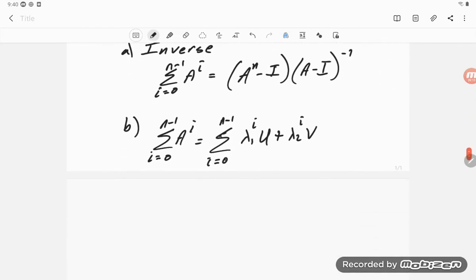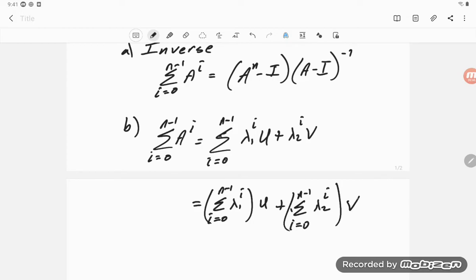But it does, and so we can write it that way. That means this is the sum from i equals 0 to n minus 1 of lambda 1 to the i, all times u, plus the sum from i equals 0 to n minus 1 of lambda 2 to the i, all times v.